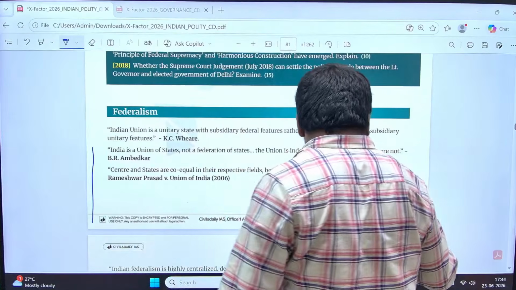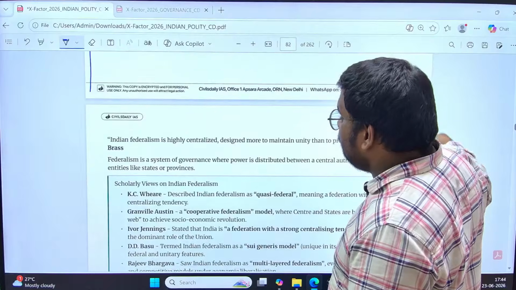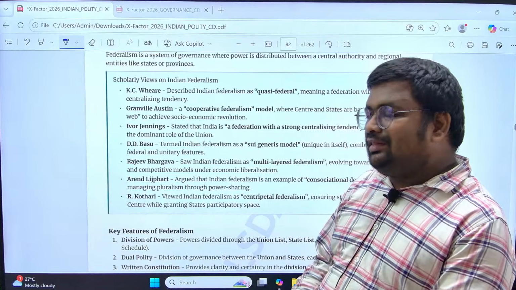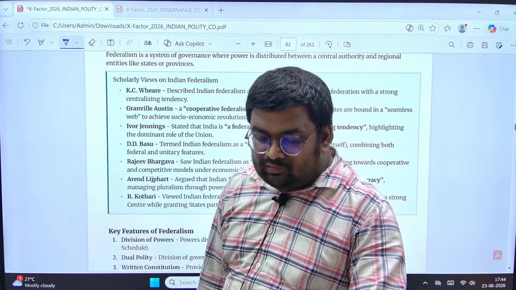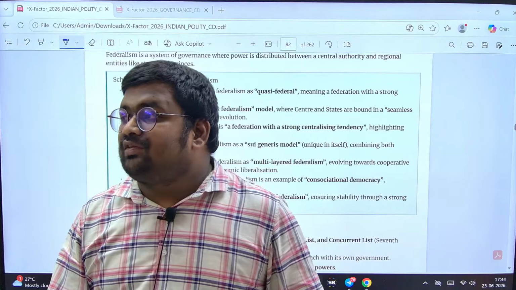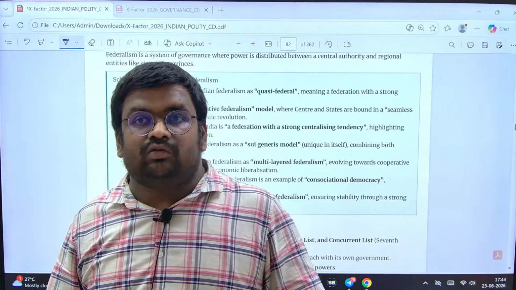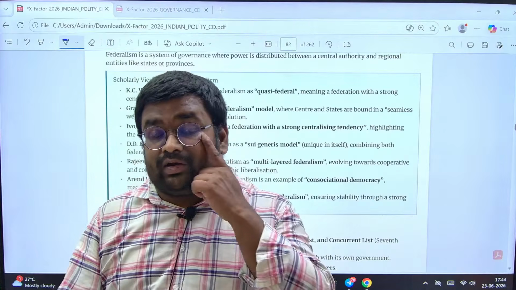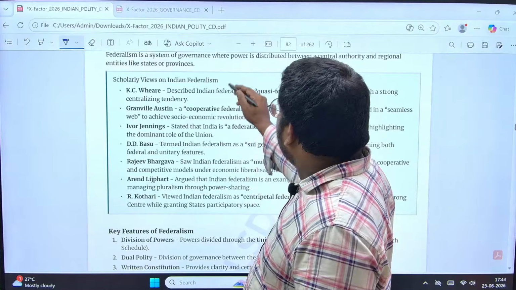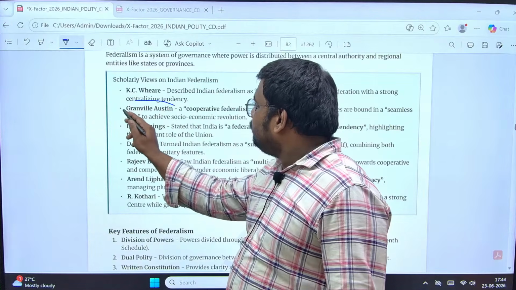Of federalism ke bhi, if you see the specific scholar views we have given, ठीक है, इतने हमने इसलिए दिए because you will be using it depending upon the question that they ask. If they ask you with respect to the cooperative federalism, what are the features of cooperative federalism, so you will go with the Greenwell-Austin introduction.